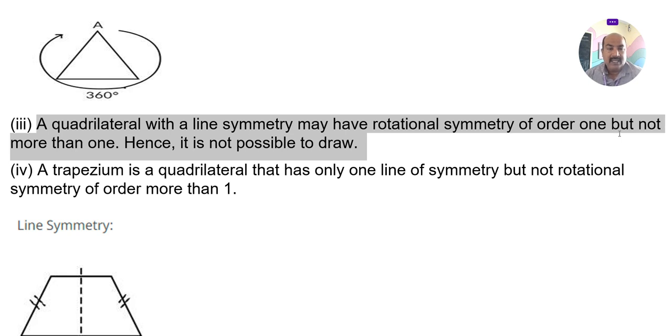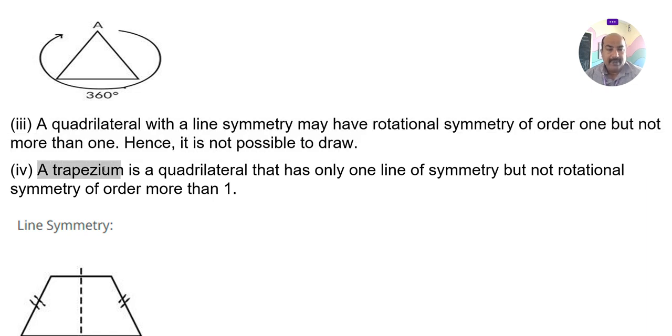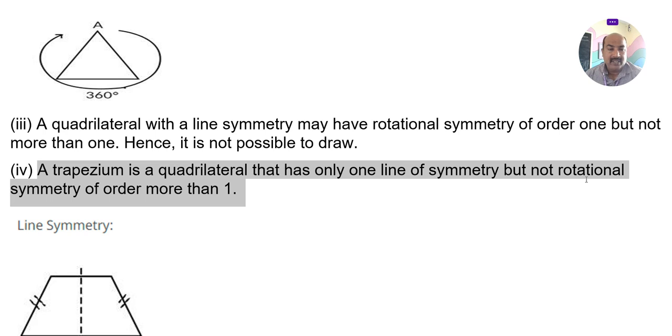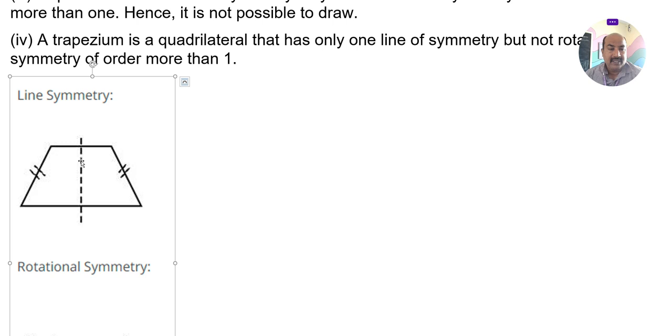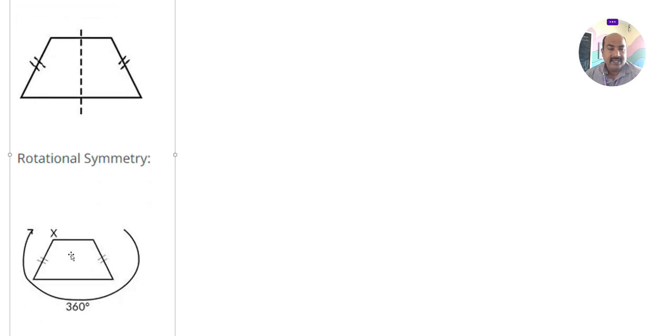Hence, it is not possible to draw. Okay, fourth one, a trapezium is a quadrilateral that has only one line of symmetry but not rotational symmetry of order more than one. Here the line symmetry is like this. Rotational symmetry, it is not possible.